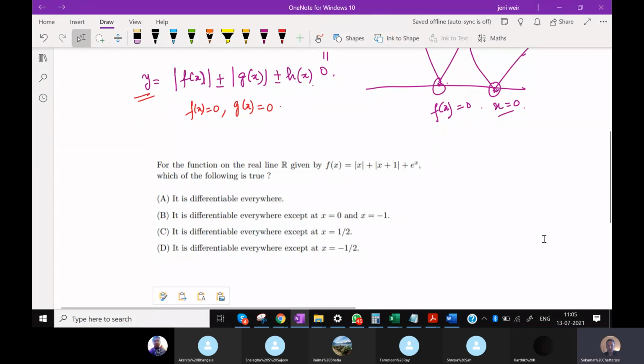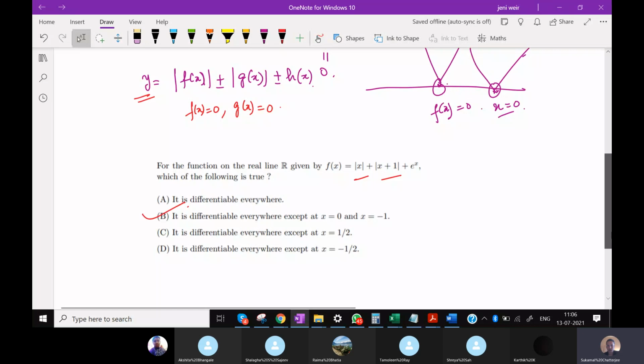This is exactly what I just explained. So the function f of x is defined as mod of x plus 1 plus e to the power x. And the question is, where is it differentiable? So it is differentiable at all points except at x equal to 0 and x plus 1 equal to 0, which is x equal to -1. Okay.